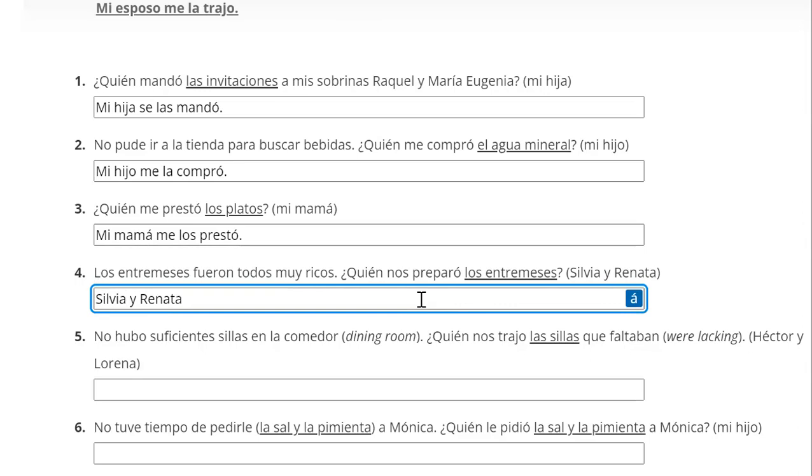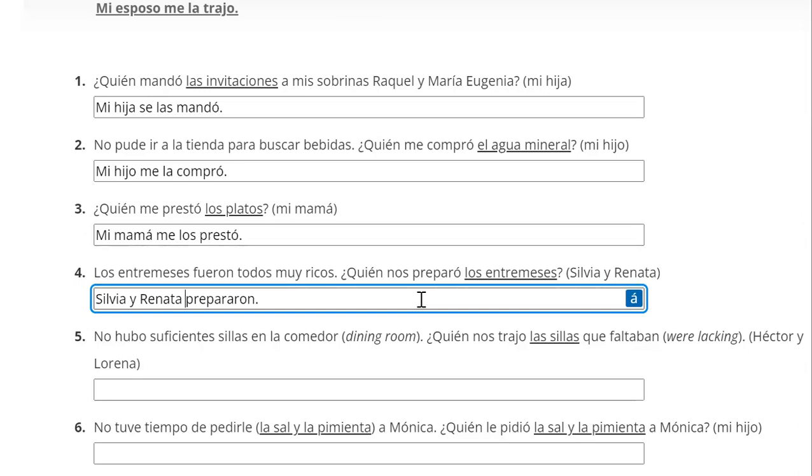They're the subject of the sentence, which does make our verb now going to be plural. Prepararon, because we asked who prepared the appetizers, who prepared them. And our answer is actually a plural subject now. So instead of quién, which is one person, the answer ended up being Silvia y Renata. So we have a plural subject.